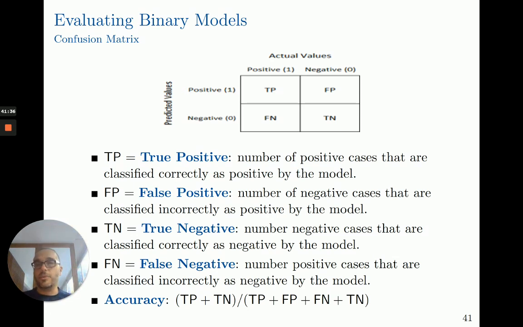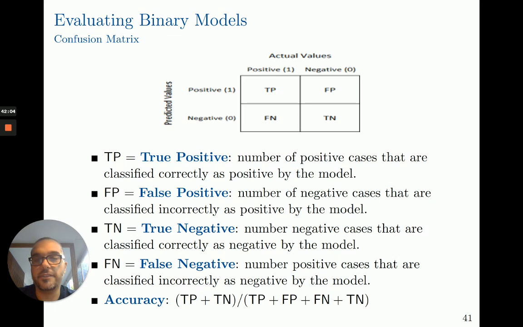And the upper left part we're going to call the true positive: the number of positive cases that are classified correctly as positive by the model. Note that here you need to make a cutoff to make your decisions, right? So this depends on the cutoff that we discussed in the previous slide.